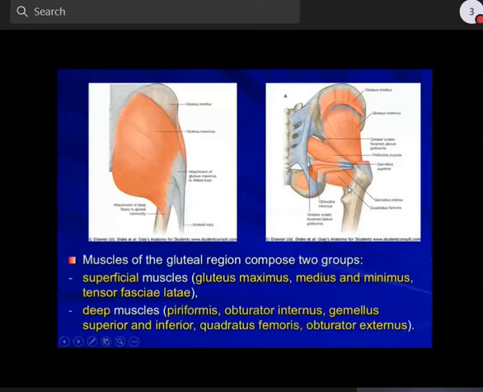Nearly all muscles in the pelvis are external rotators. We have only 3 exceptions to this.